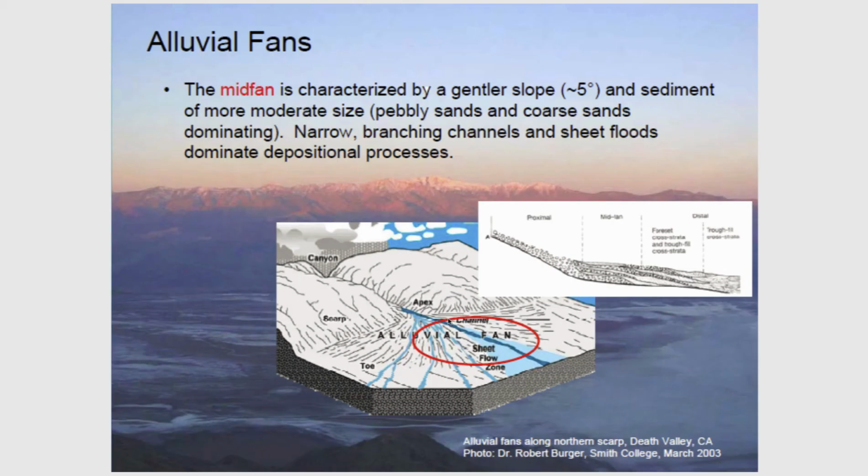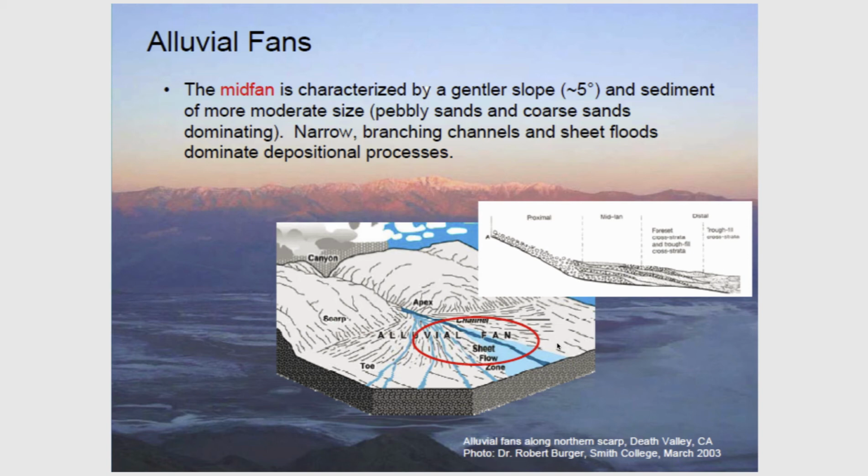If we move down in this zone, as I mentioned, we start to be in the mid-fan area, where the slope changes suddenly to less than 5 degrees, and so we start to have combinations of this coarser fraction that is in the bed load, and also these more sheeted flow zones that will represent those fine-grained fractions.